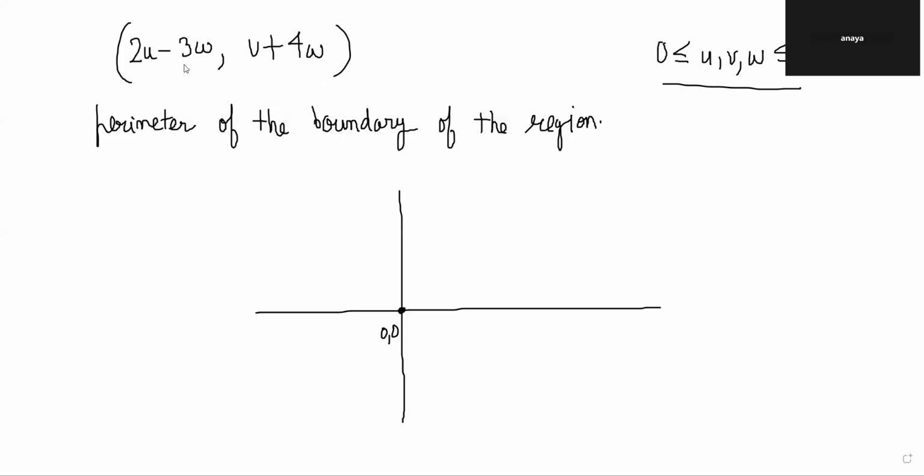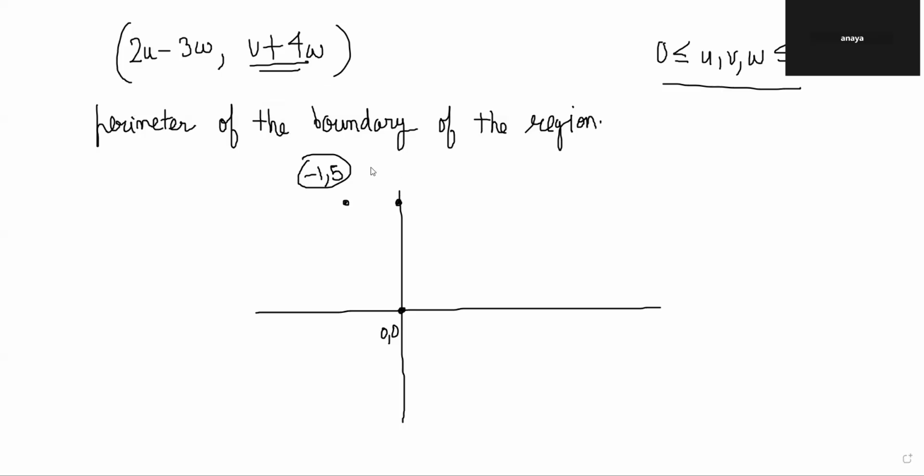That will give us -1, the lowest negative value. And v could also be 1, and then y would be 5, so -1 comma 5 is a point here. But v could have been 0 also, so it could have been up to 0 comma 5.